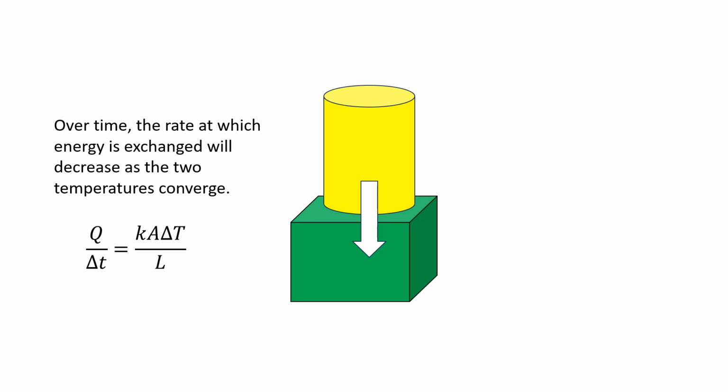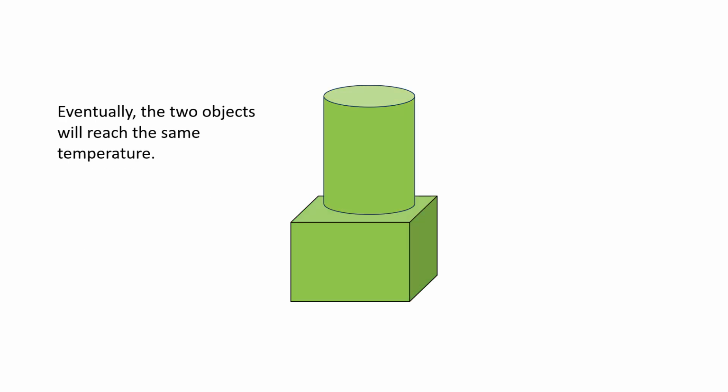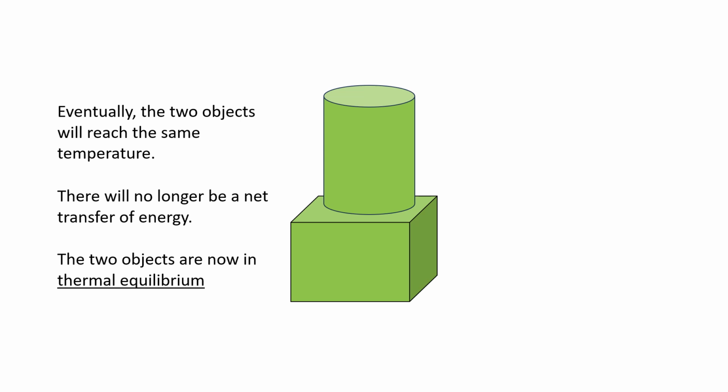That's the Q over delta T equals kA delta T over L relationship that we've learned previously. Eventually, the two objects are going to reach the same temperature. There will be no net transfer of energy anymore. So heating and cooling will stop. Those processes will stop, and the two objects will be in thermal equilibrium.